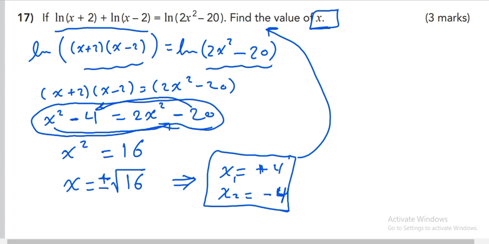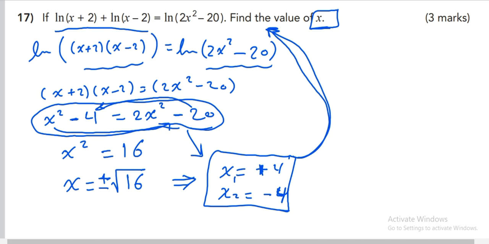Positive 4 and negative 4 are the solutions of the quadratic equation, but which one of them is accepted to be the value of x in this equation? This is the question. Not all values for x can be accepted to be values of x in a logarithmic equation.